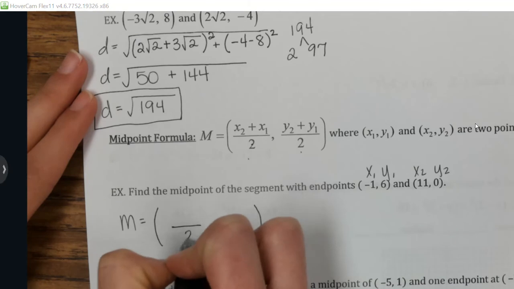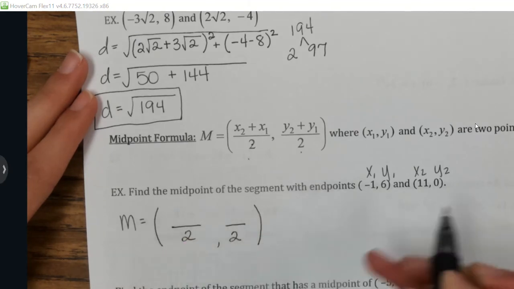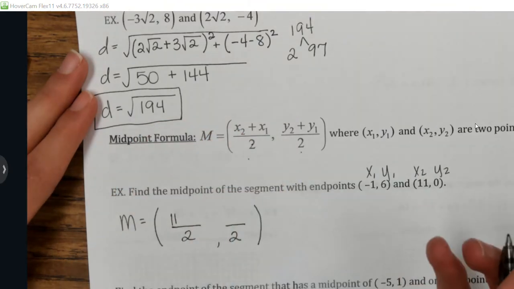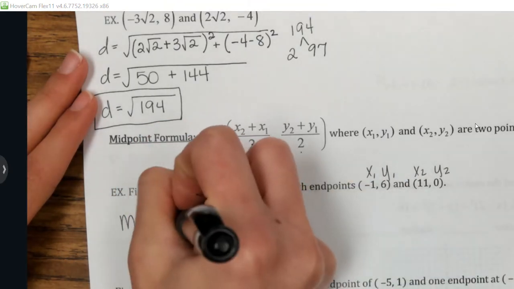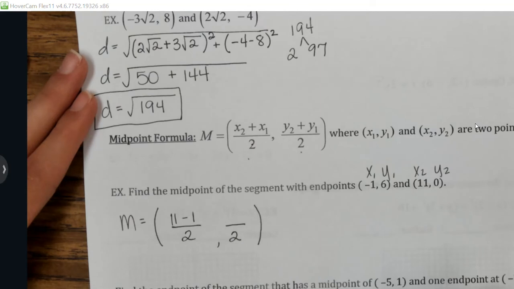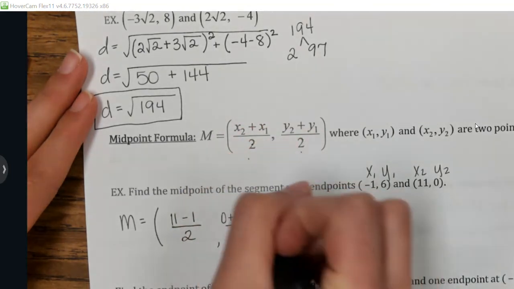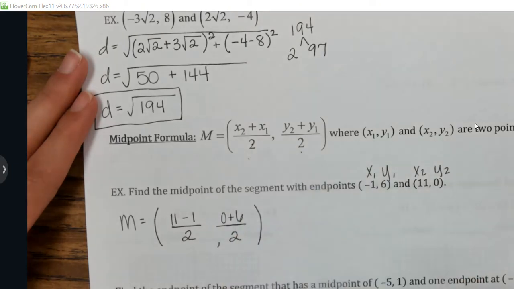So I'm going to take 11 plus a negative 1 over 2. And then I'm going to have 0 plus 6 over 2.